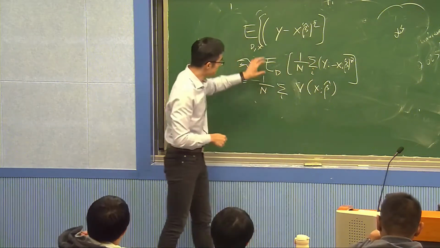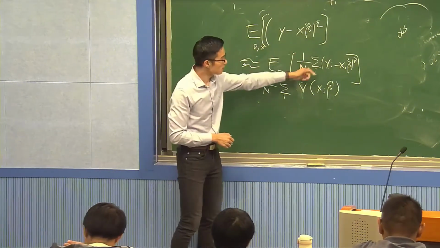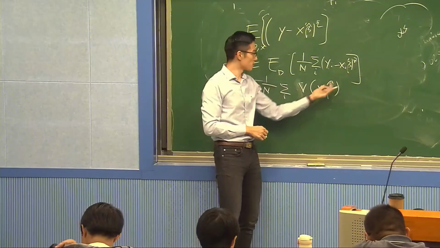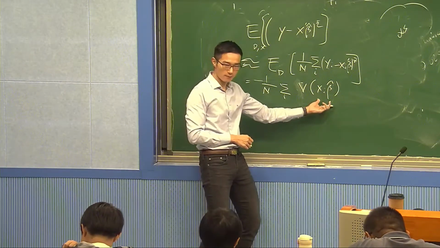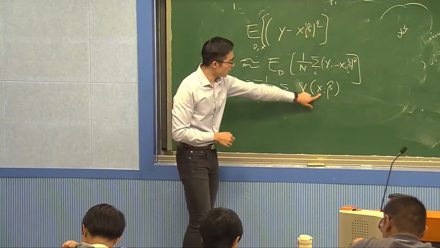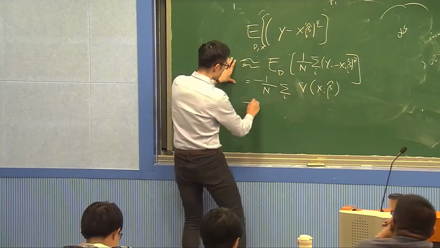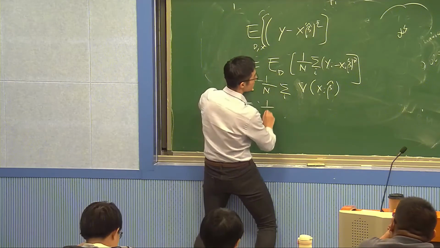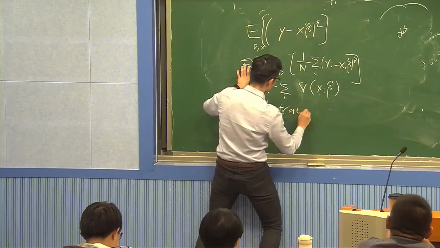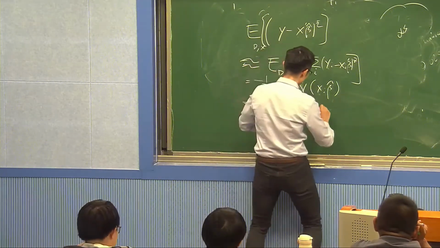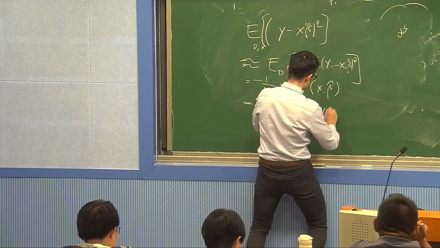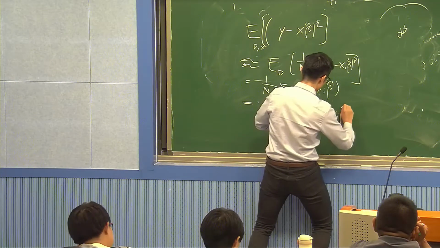The expected square is basically the variance of x_i beta hat. The sum of all the variances in this variance-covariance matrix will simply be the trace of the variance of x_i beta hat.